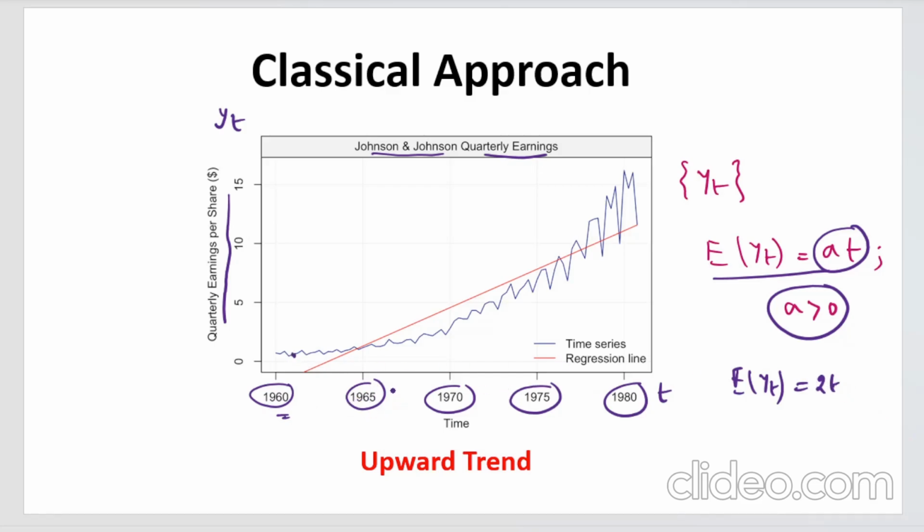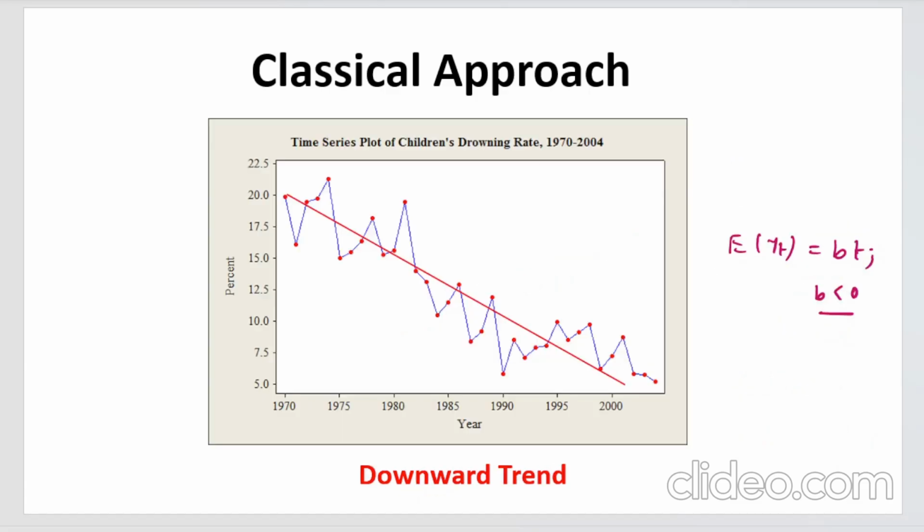Then if you move to 1965, as the T value increases, the expected price of the share of Johnson and Johnson also increases, and that is seen in this following graph, right? So if you draw this estimated line, or the fitted line, or the regression line that we will talk about, you will see there is a clearly positive trend in the time series, right? So this is an example of the upward trend of the time series.